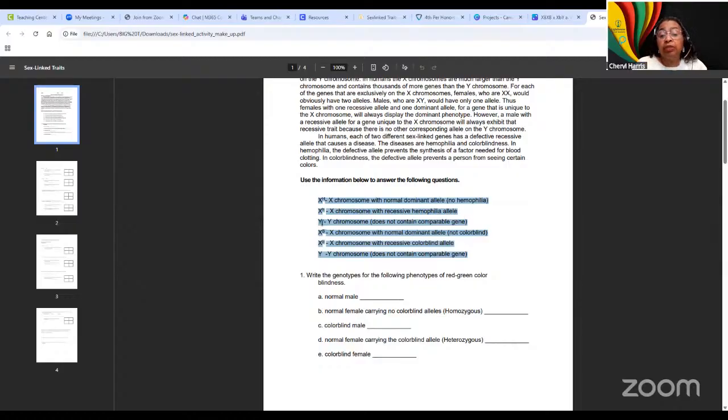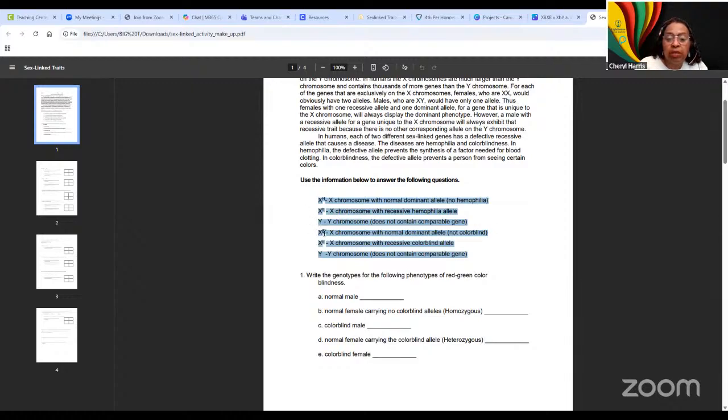Why? There's no H on either one of the Y, so they don't have hemophilia either. And you usually don't have YY because the guy has to have an X. But they're just trying to show you that there's no hemophilia at all.